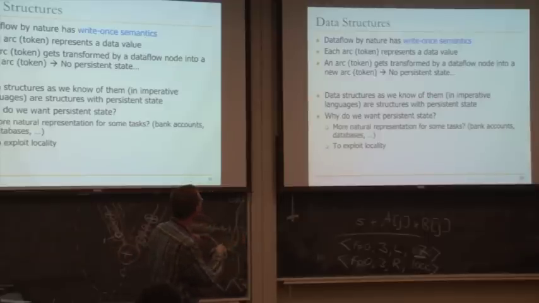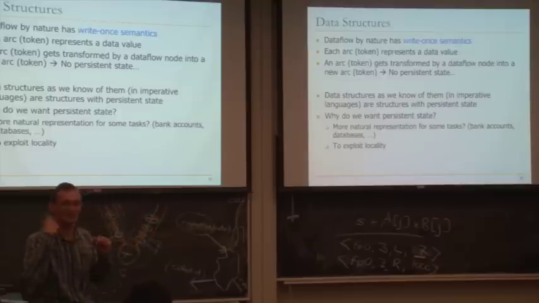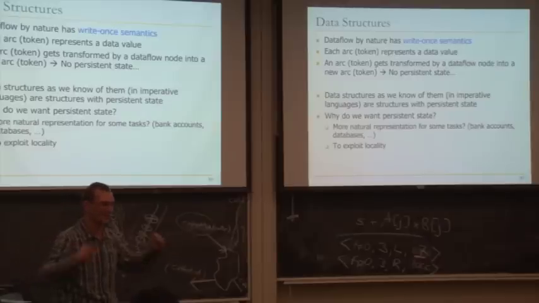Whereas if you have memory, then you can exploit locality. You don't need to replicate that. Does that make sense? It's a similar problem in an out-of-order machine. You rename registers, and they get replicated instead of stored in one location.